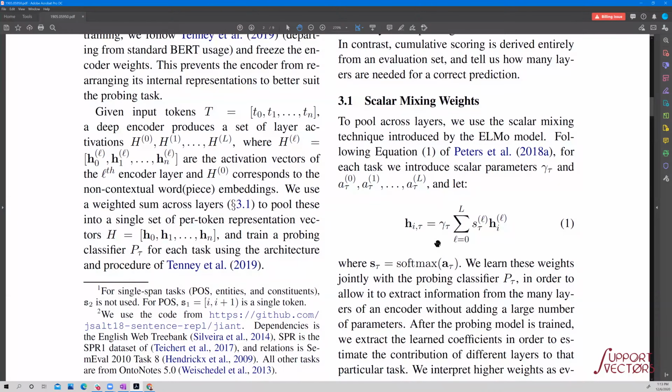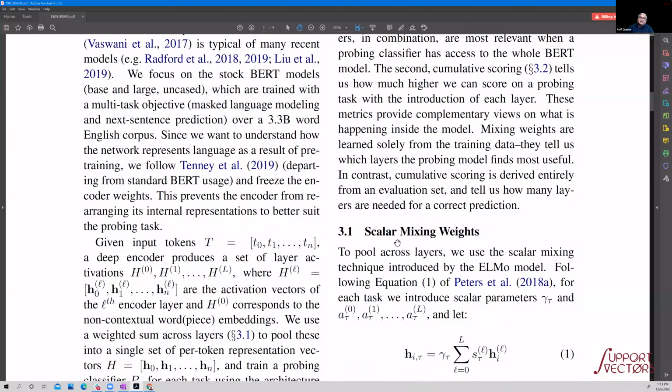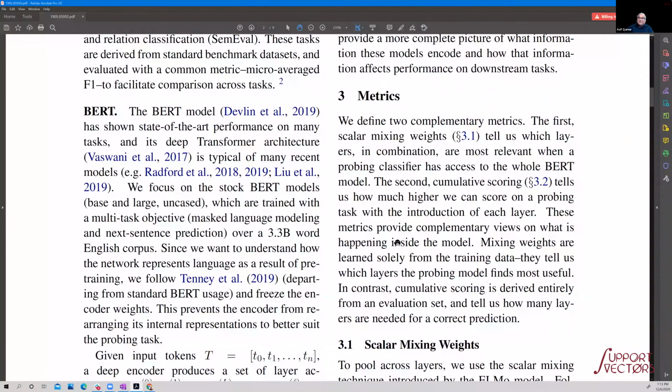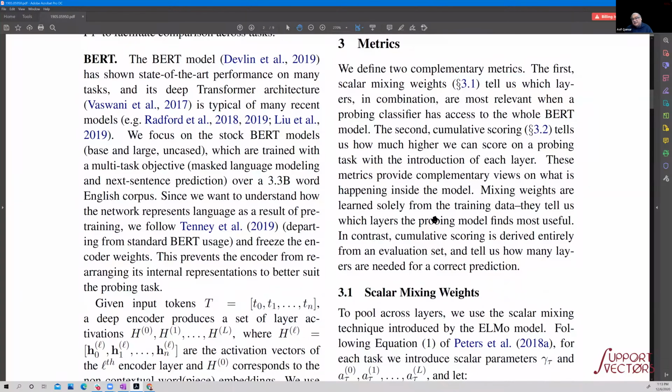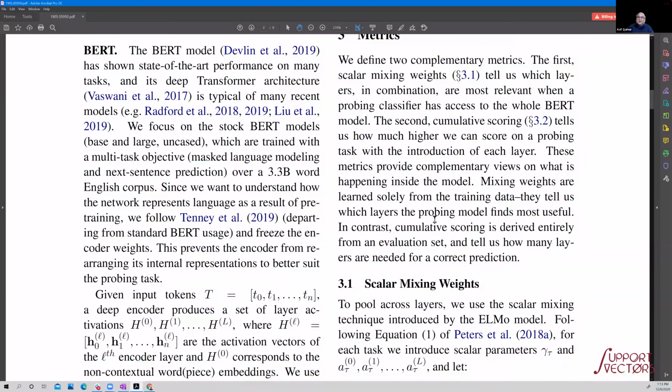Then the other one, the scalar mixing weights, answers a different question: which combinations of layers are most relevant for that task?